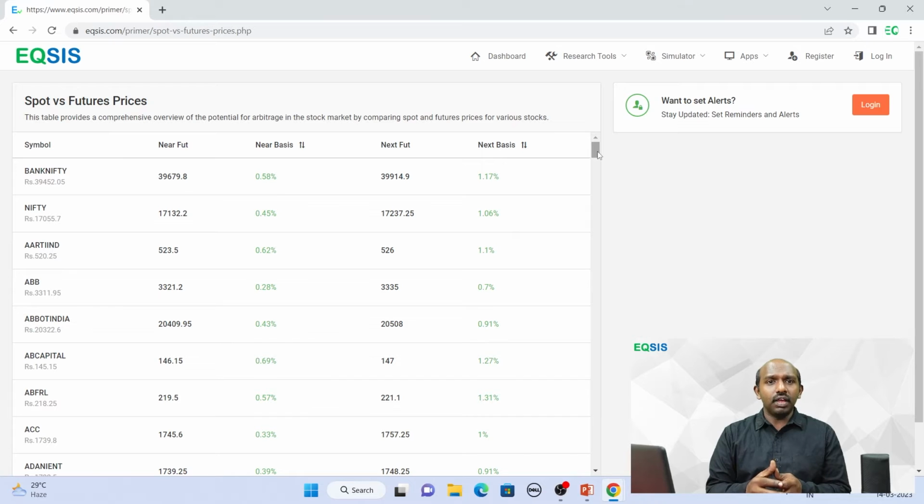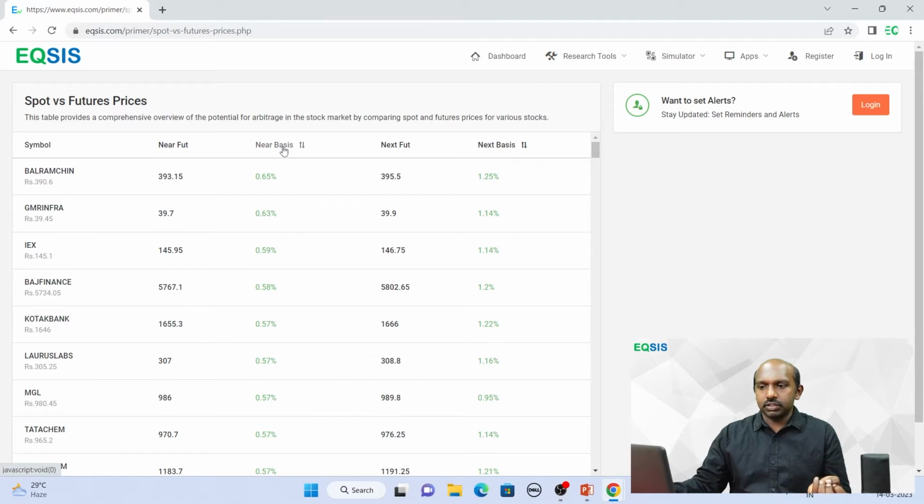Now you see two different markets, a spot market and a future market, where in the spot market the asset price is slightly lower, and in the future market the asset price is slightly higher. But how do I grab it? You see that Bank Nifty is higher by 0.58%, Aarti Industries is 0.62%, and Aditya Birla Capital is 0.69%. So what I'm interested in is, let me sort this based on percentage change.